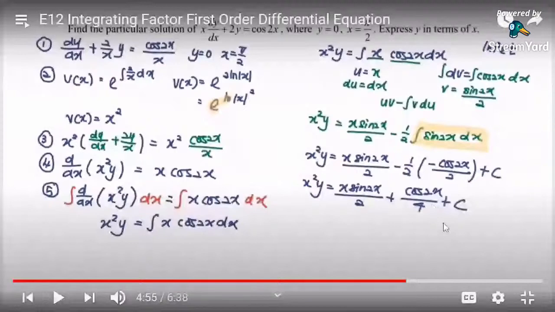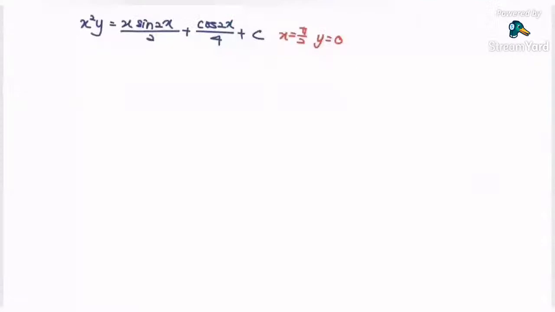So now we are going to find the value of c by substituting x equals to pi over 2 and y equals to 0.